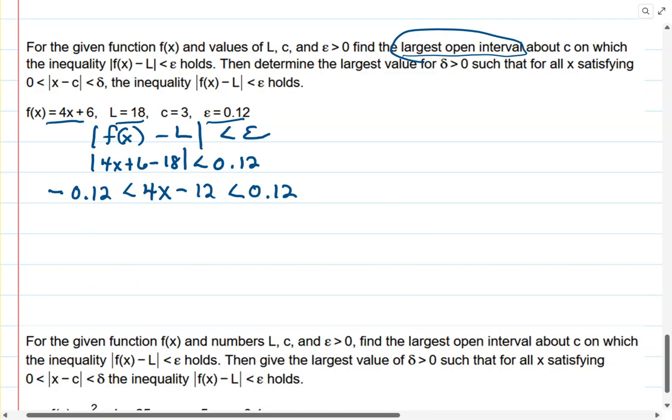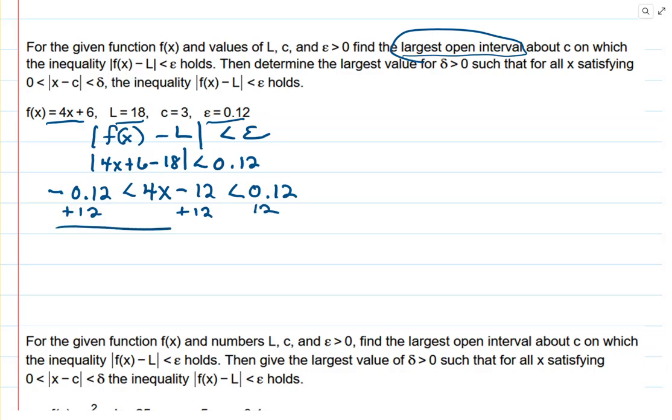To undo a complex one, which is how I started this whole thing, I'm going to add 12 to all sides. This is going to give me 1188, 12 and 12.